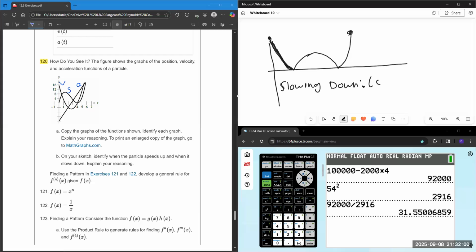On the interval from 0 to, and then we're going to call that intercept right there 4/3, or 1 1/3, and then this vertex, that looks like 2 2/3 right there.